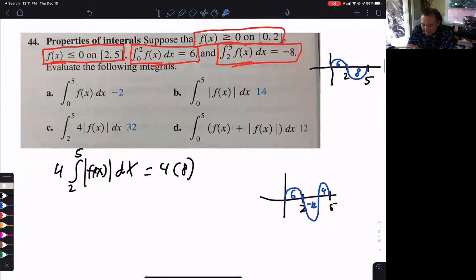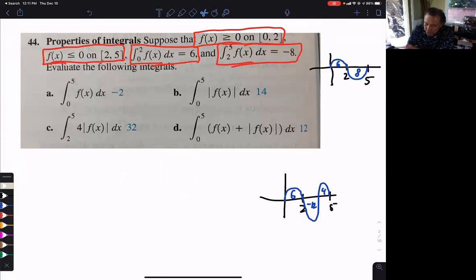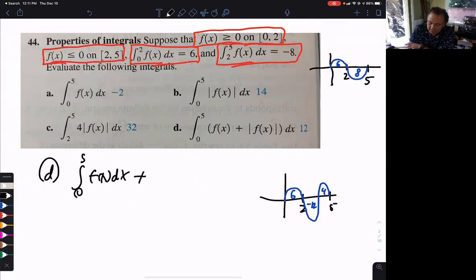And then part D, what rule are we using there? Let me erase that. So part D, you have 2 functions. You have a rule that says you can break that into 2 separate integrals. So I'm going to rewrite it as the integral from 0 to 5 of f of x dx plus the integral from 0 to 5 of the absolute value of f of x dx.